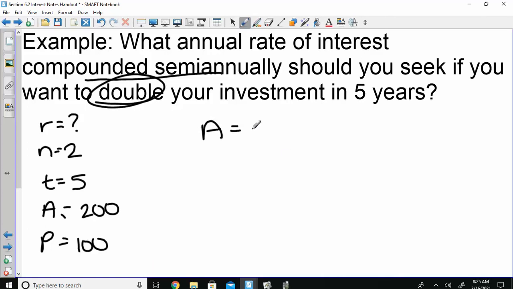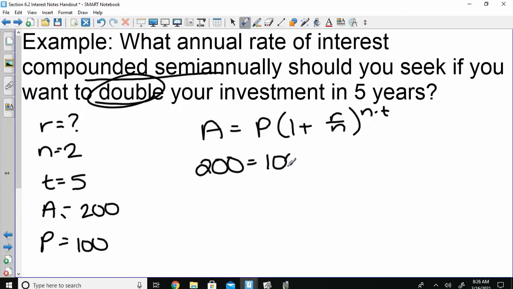Alright. So you could make up any A and P you wanted, just as long as your A was twice your P. So I get 200 equals 100 times 1 plus R over 2, to the 2 times 5 power.